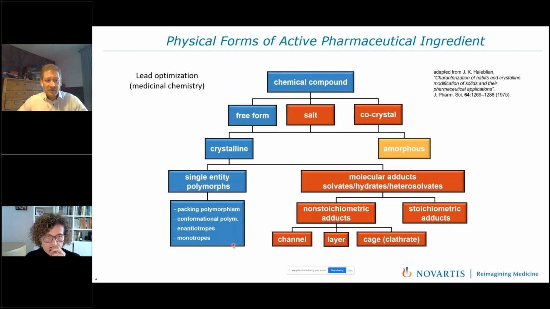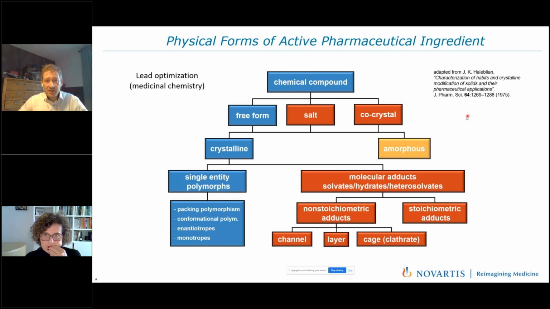Again, in terms of pharmaceutical development, the chemists are working on optimizing the chemical scaffold of the active pharmaceutical ingredient in order to make sure that it has the highest selectivity, the highest affinity with the target, but also some optimum physical properties.